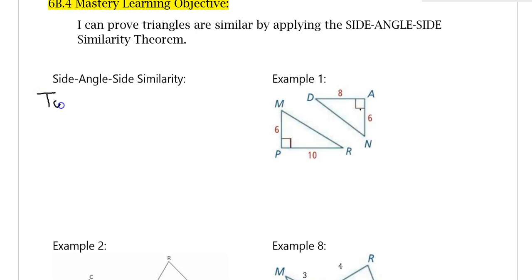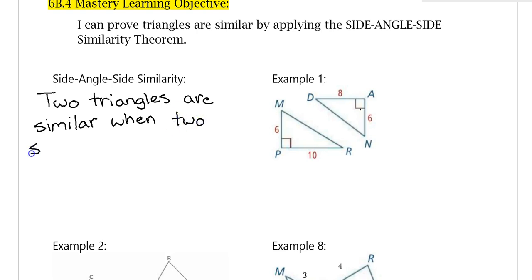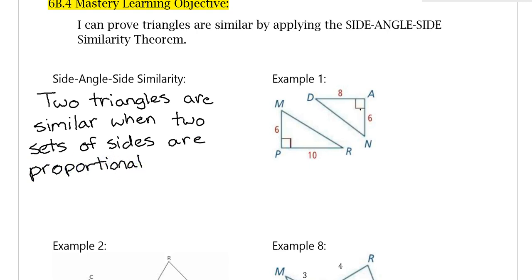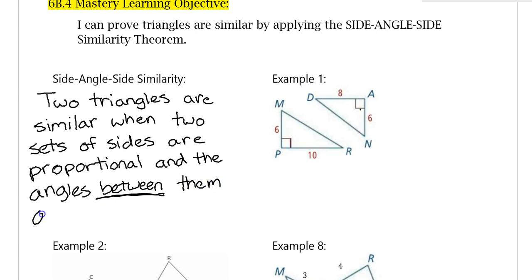Two triangles are similar when two sets of sides are proportional and the angles between them are congruent.